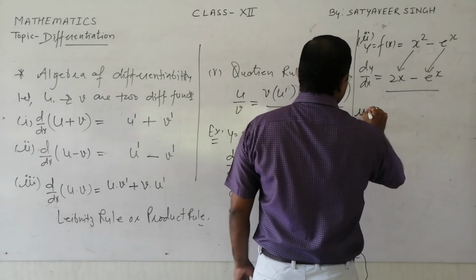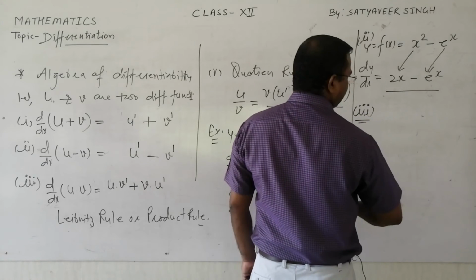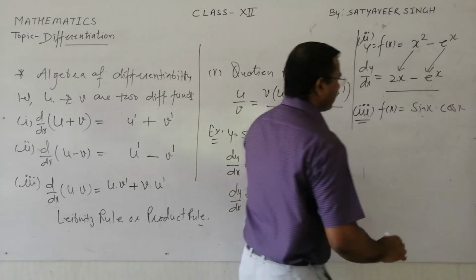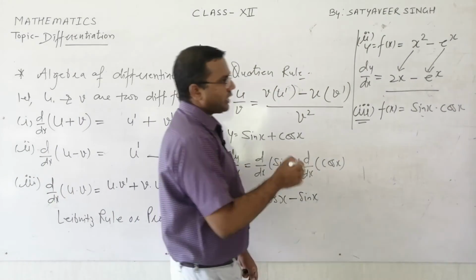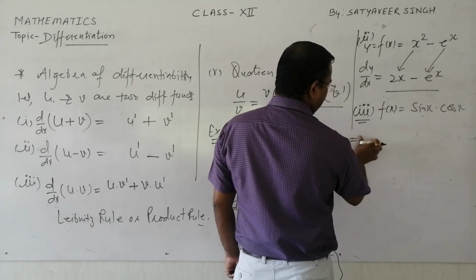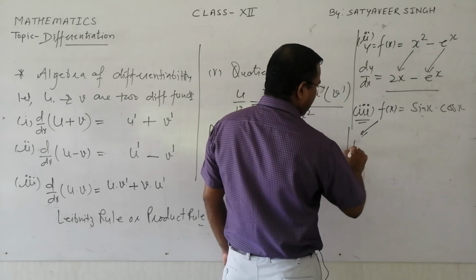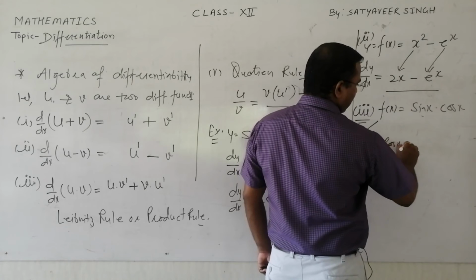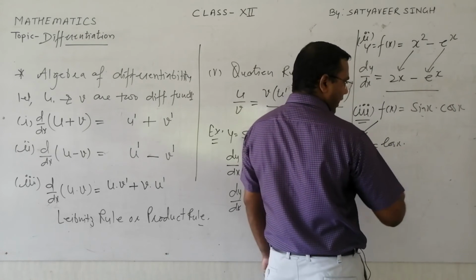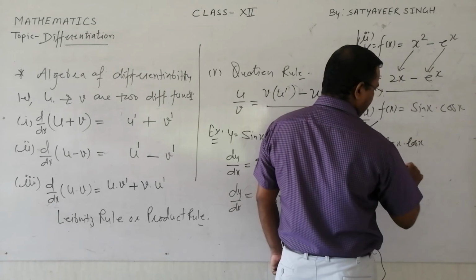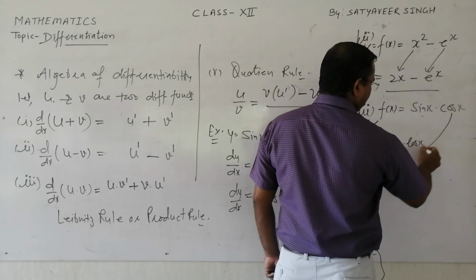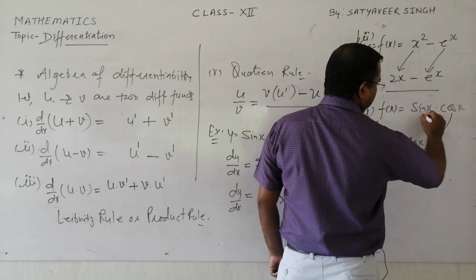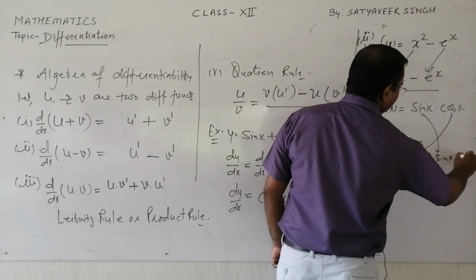One more result we have discussed, the third one, Leibniz rule, product rule. Suppose f(x) is given, sin x into cos x. We want to find out the derivative of sin x into cos x. So we can write here, f dash x is equal to differentiation of the first, it is cos x, multiplied by the second, cos x, plus differentiation of the second, it is minus sin x, multiplied by the first, sin x.